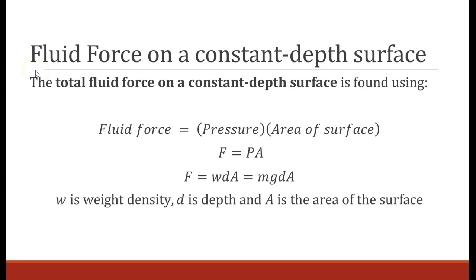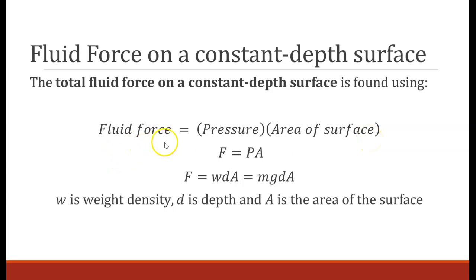Now we can finally start talking about fluid force, and we'll start with fluid force on a constant depth surface. So the total fluid force on a constant depth surface is found by using fluid force is equal to pressure times the area of the surface.